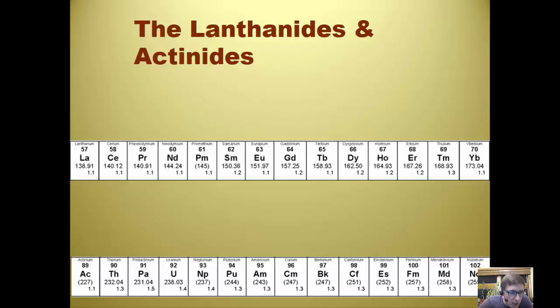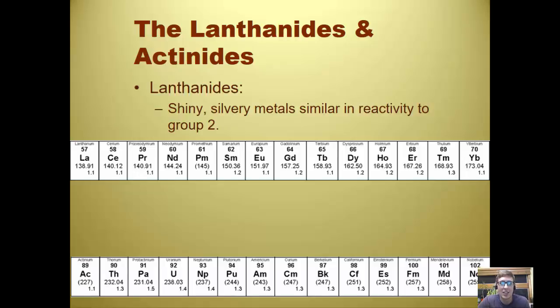And then there's actinium, thorium, protactinium, uranium, neptunium, plutonium, americium, curium, berkelium, californium, einsteinium, fermium, mendelevium, and nobelium. Some of these are going to be things that you recognize, and that's what they're named after, but that's just a quick little lanthanides and actinides.